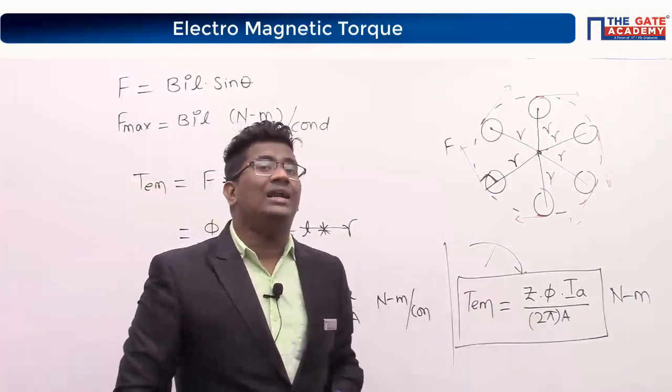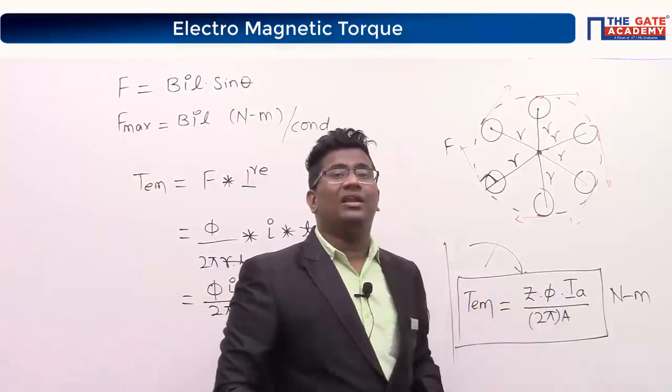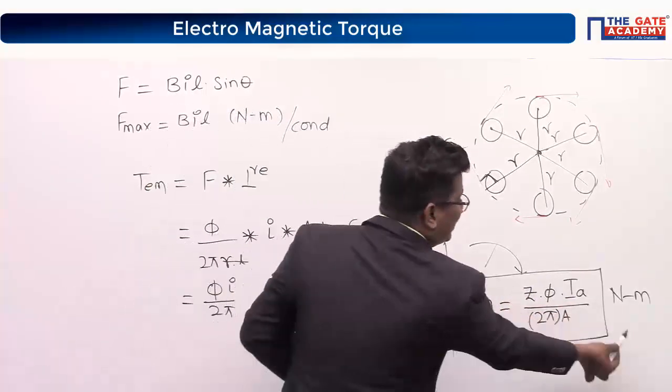Suppose I have taken Z conductors. Yes, Newton meter, because conductor gets cancelled.